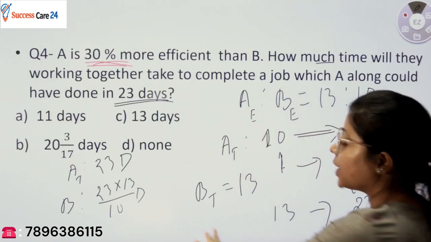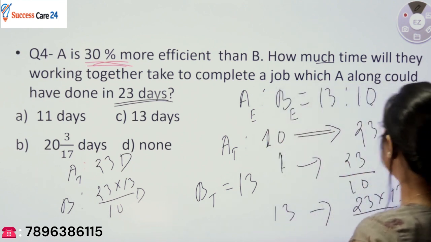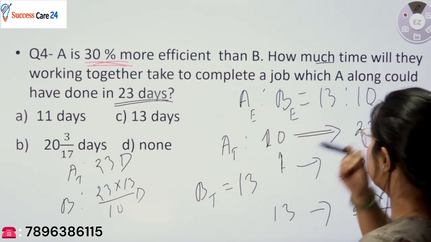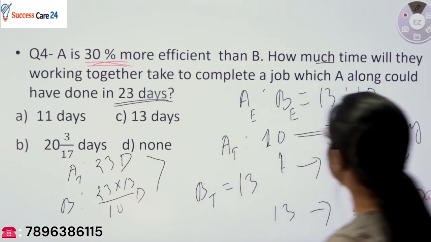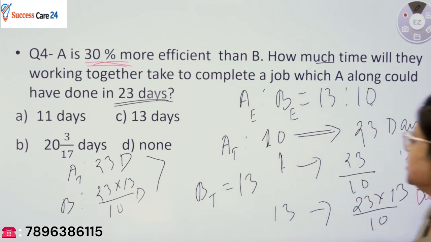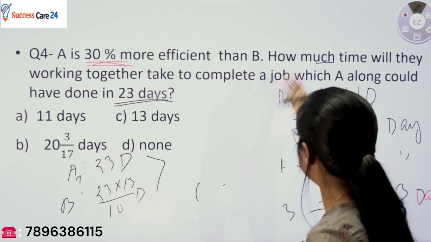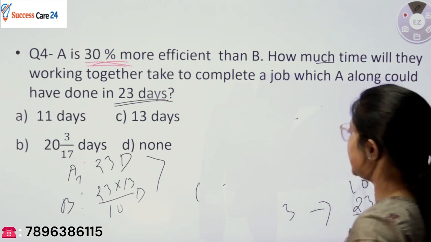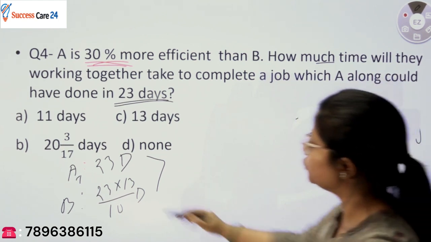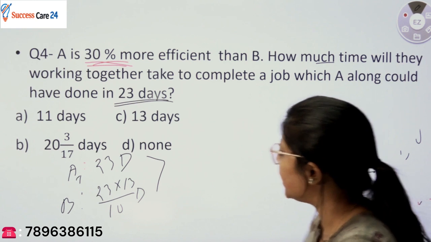So this is the actual time required by B to do that work alone. From here again we will apply the LCM method. Find out the LCM of 23 and 23 into 13 by 10.